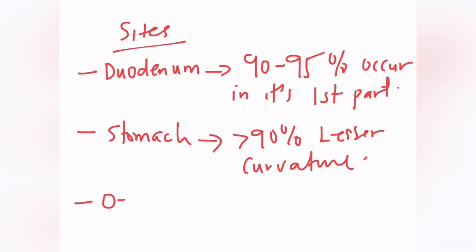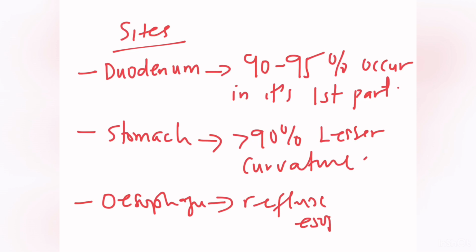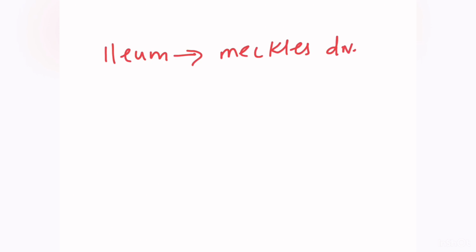And the esophagus is usually associated with what? Reflux esophagitis, while the ileum is usually associated with Meckel's diverticulum.